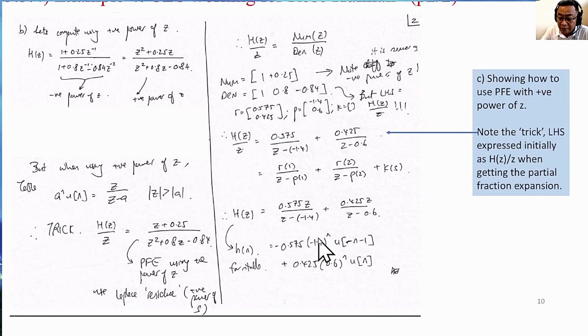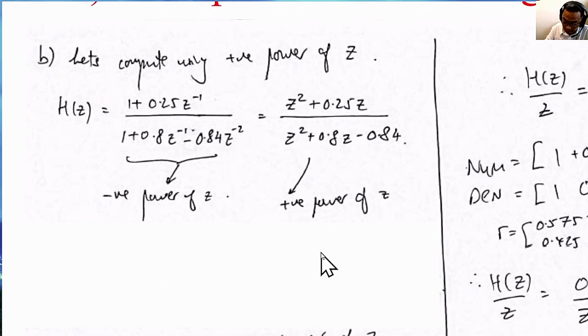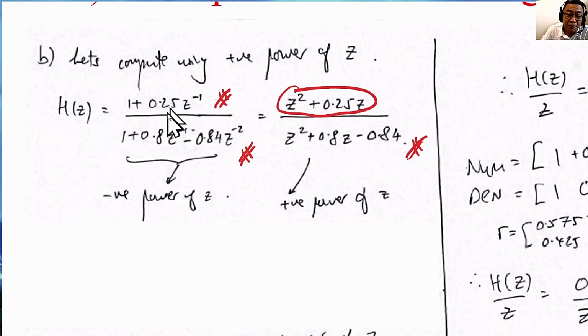Now, in the next slide, I show you how to do the same problem in positive powers of z. I've shown it to you in negative powers of z, so let me show you in positive powers of z. How do we go from negative powers of z to positive powers of z? We multiply the top by z squared and the bottom by z squared, so this is multiplying by 1.